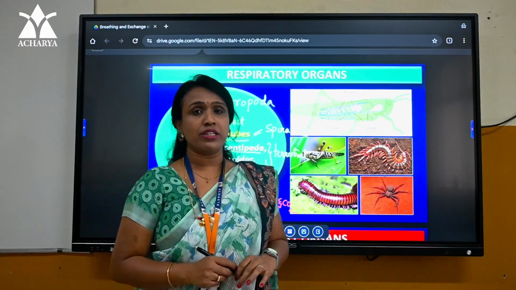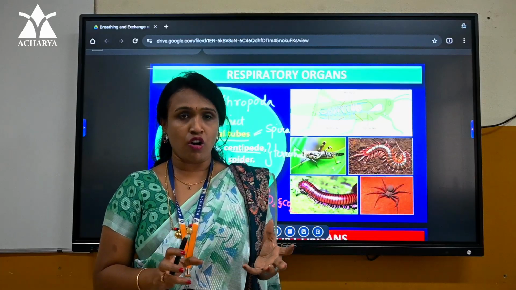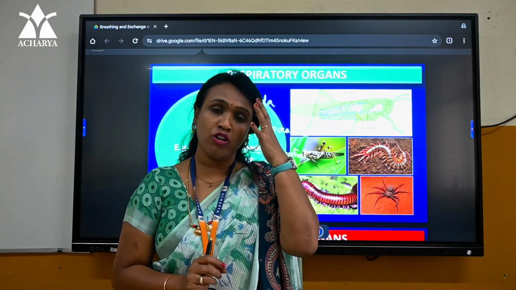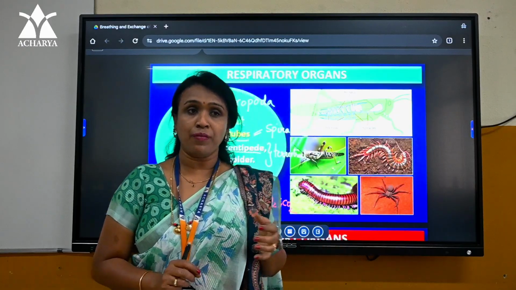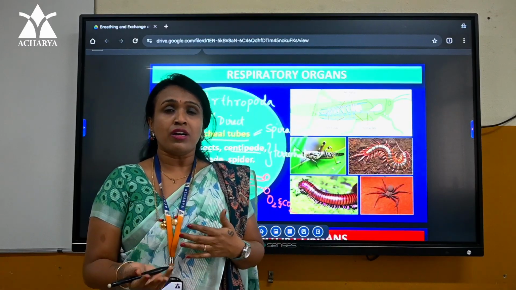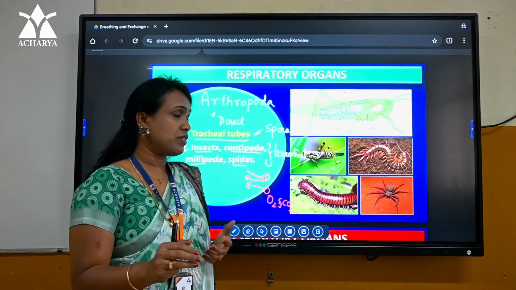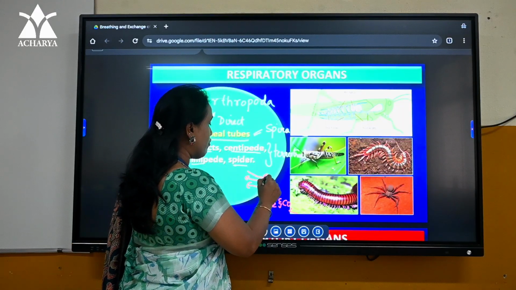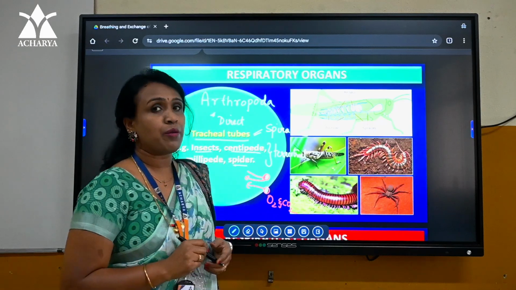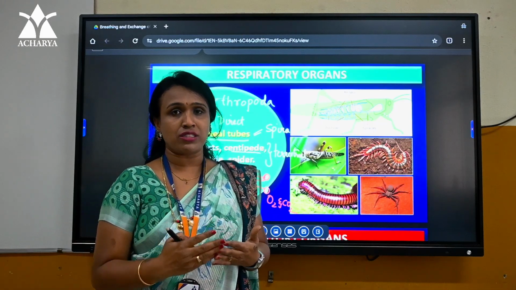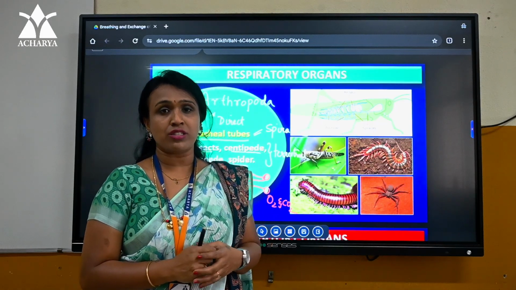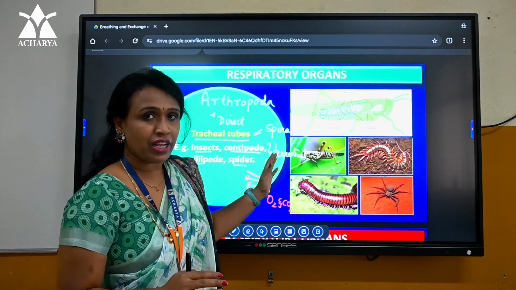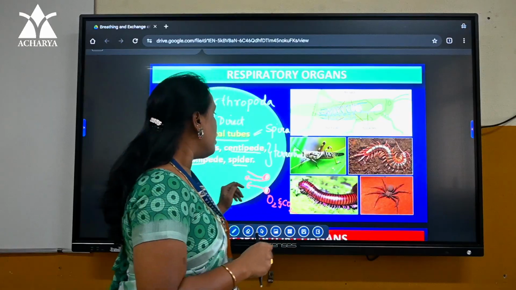At home, whenever we see a cockroach we spray HIT or Mortein, which are insect repellents or insecticides. When we spray a cockroach, the chemicals present in this insecticide block these spiracles and block the exchange of gases, thereby killing the cockroaches. So that is the importance of spiracles, the entry and exit of respiratory gases.